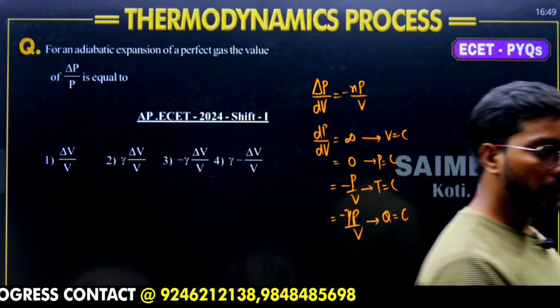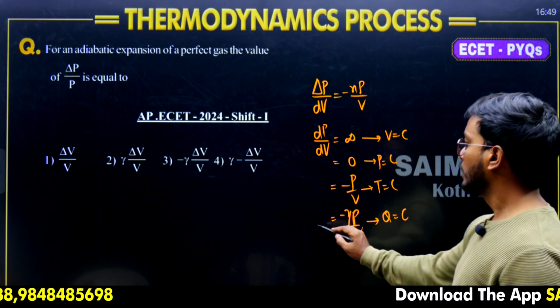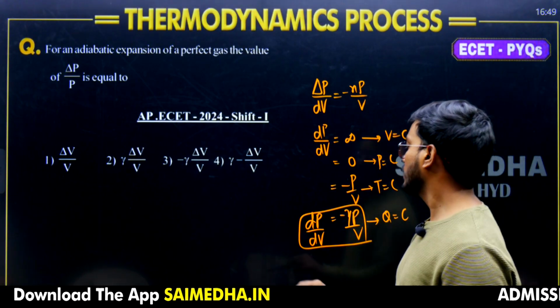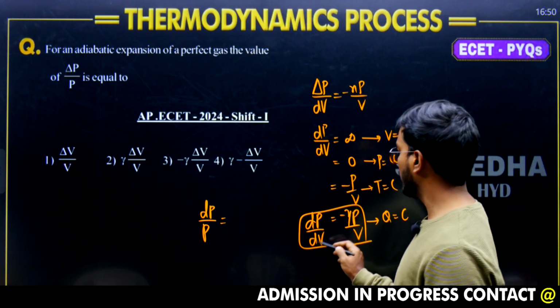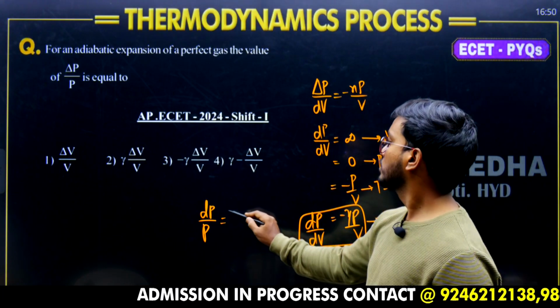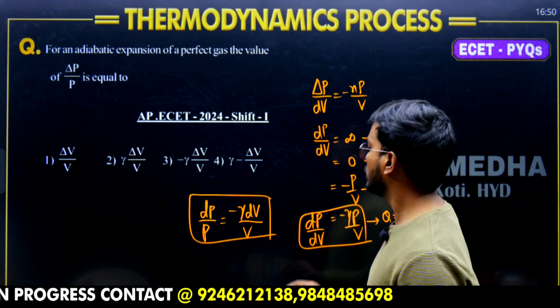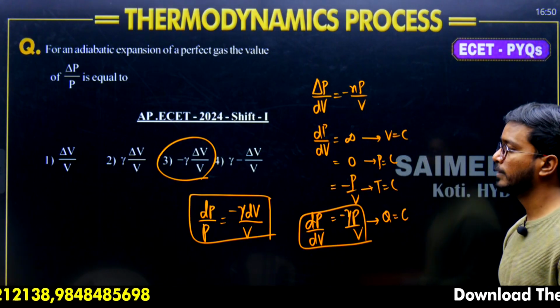So we got the answer as heat constant: dP by dV is equal to minus gamma P by V, where we can write dP by P is equal to minus gamma dV divided by V. Pressure is going down, so volume is going to move up. Repeated question. Minus gamma delta V by V is going to become your correct answer.